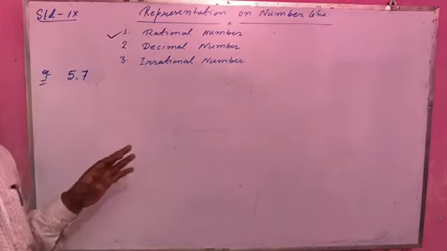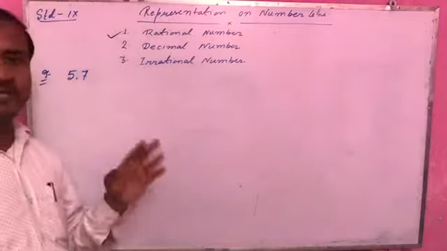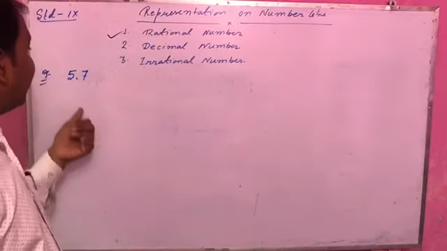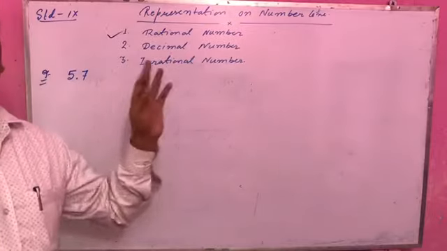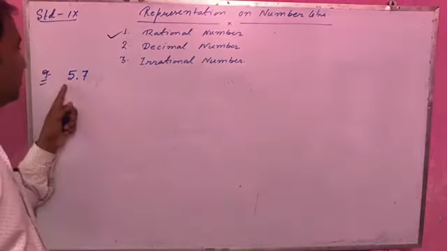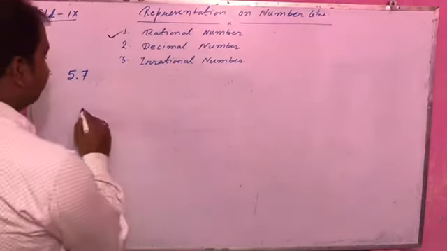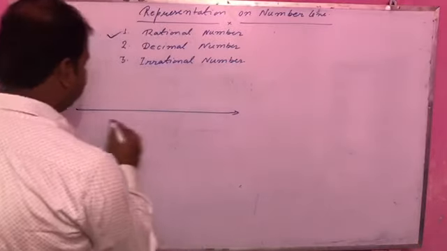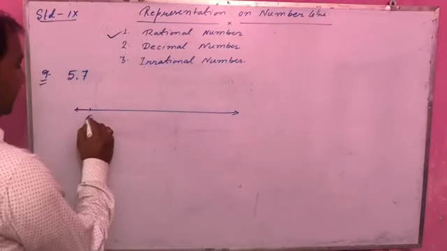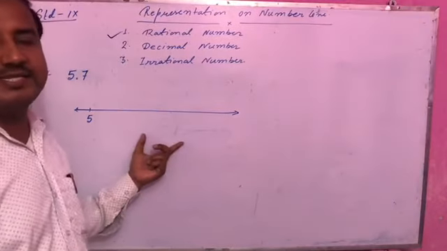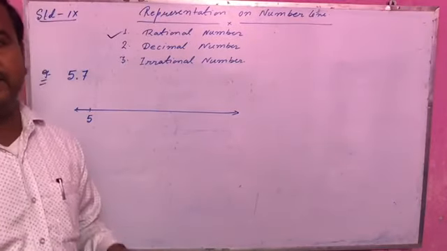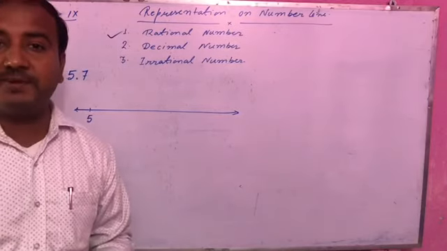No sir, we have to represent in the form of decimal. Just go through this. 5.7 means it will lie between 5 and 6. Actually more than 5 means less than 6. Draw a number line. This is 5 and the distance between 5 and 6 will be divided in how many parts?